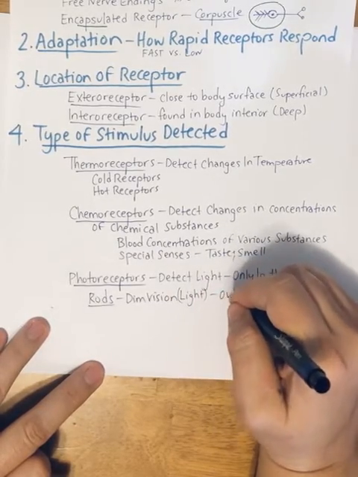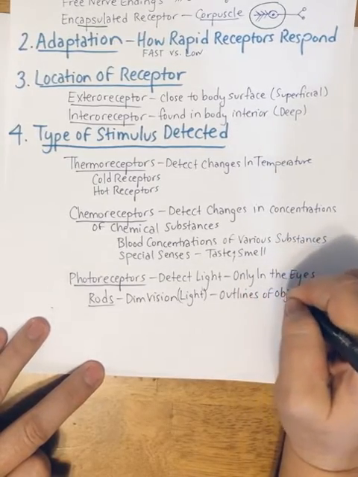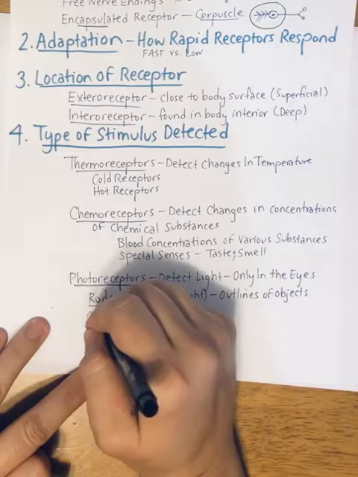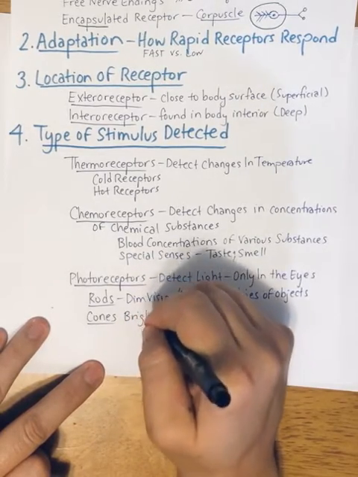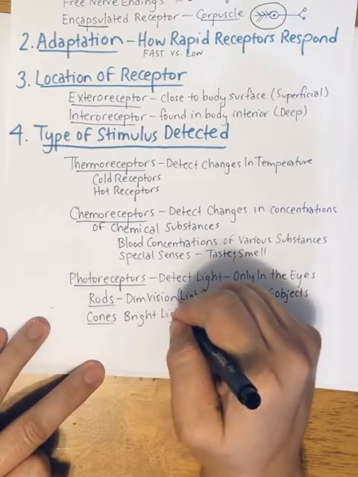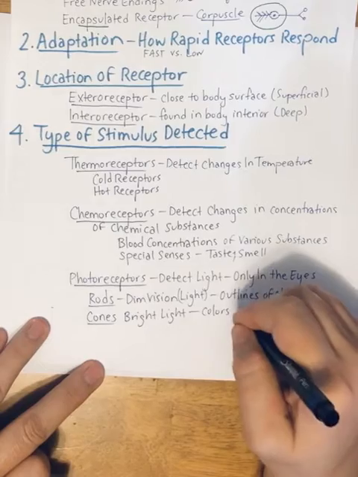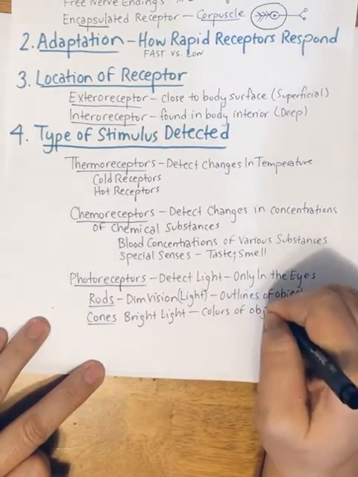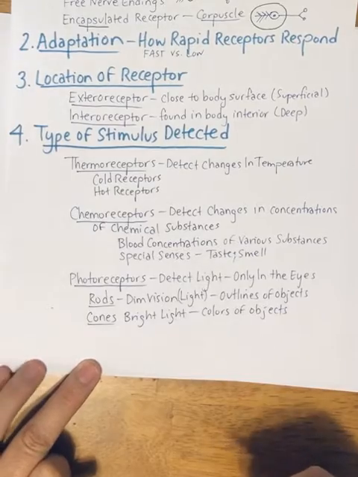These are going to help you see outlines of objects. The next one's cones. This is going to be bright light conditions. This is going to help you see colors of objects. Those are our photoreceptors, which are in the eye.